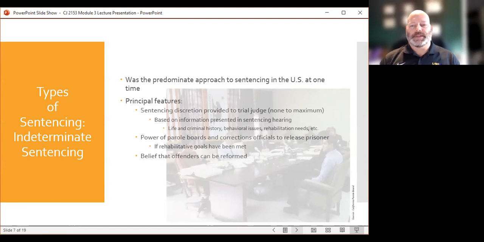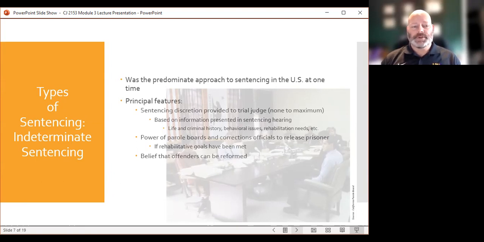This sentencing discretion was based upon information presented at a sentencing hearing, such as the offender's life circumstances, their criminal history, any behavioral issues that they might have, and what rehabilitation needs that the offender may have.